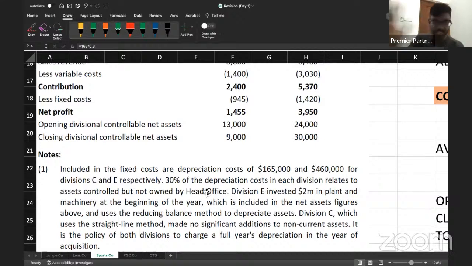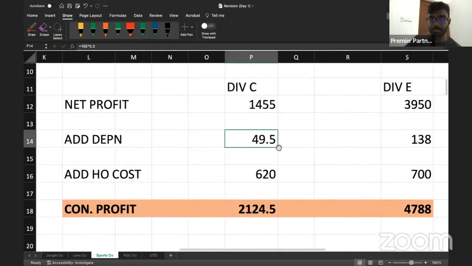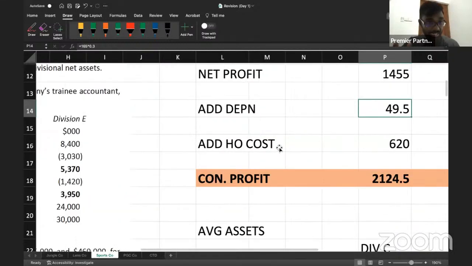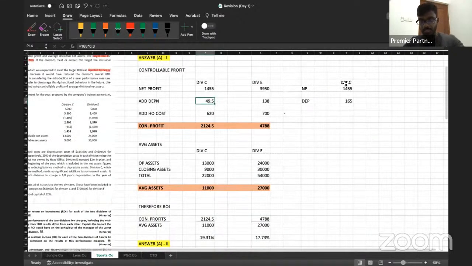So depreciation also is not controllable. So you need to add it back. That's why you're adding this depreciation back again, people, right? I read it the other way, people. I think I misread it. I didn't read it properly. Are we clear? Everyone okay with this? People, I'm sorry if I confused you. I got a little confused. That's what happened, right?